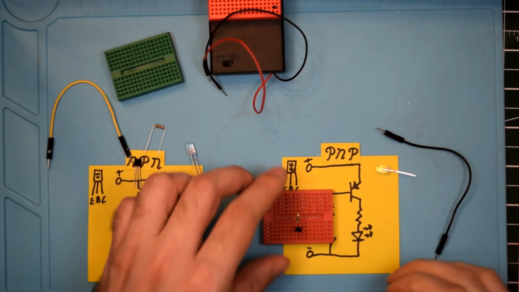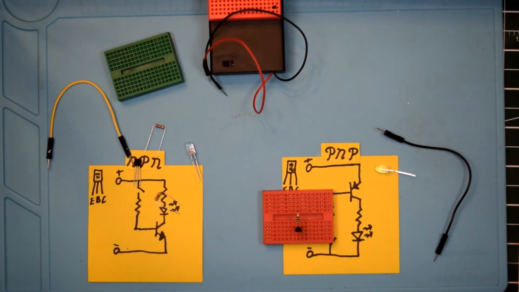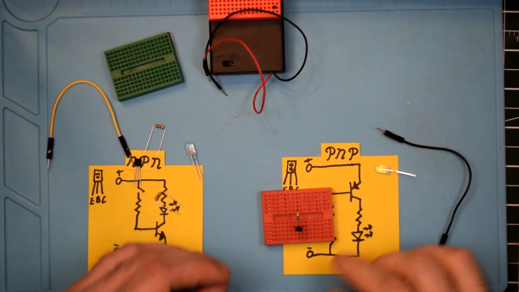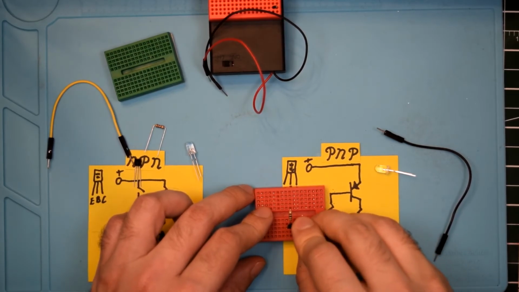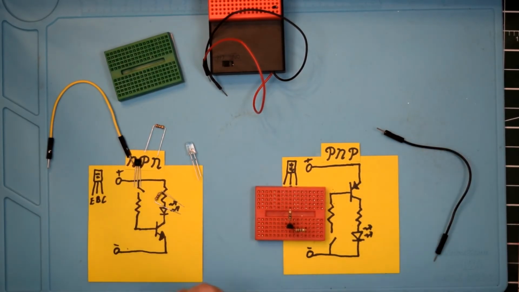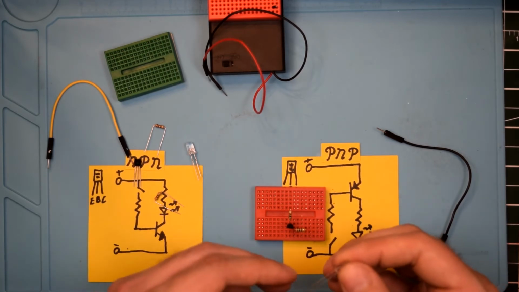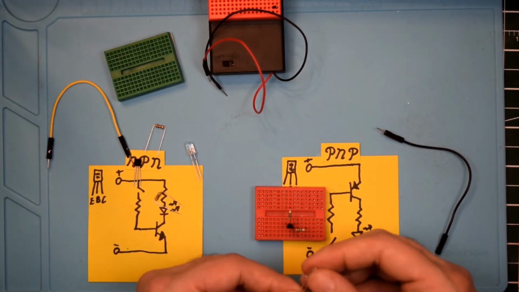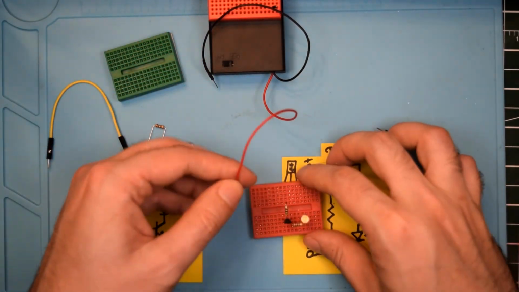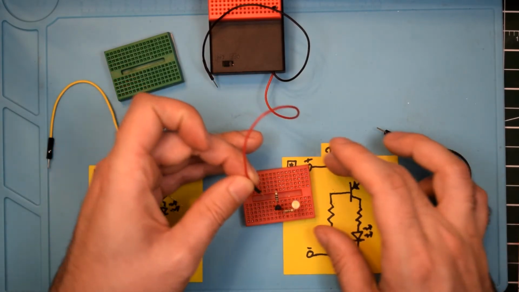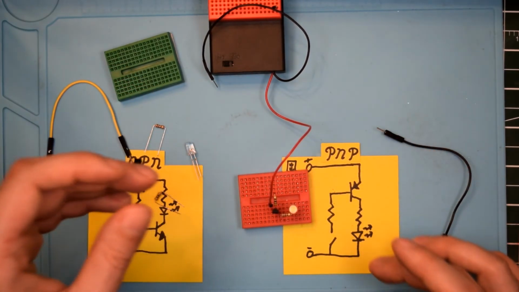And then from, in this case, because this is the PNP, the collector, which is this side, we're going to take our resistor and put it from the collector and up, and then we'll take our LED, and I'm just making sure I'm doing this right, yes, and then because that's going to be the negative side, we'll put this there. Alright, now if I set everything up correctly, we're going to take our positive rail and we're going to put it at the emitter.